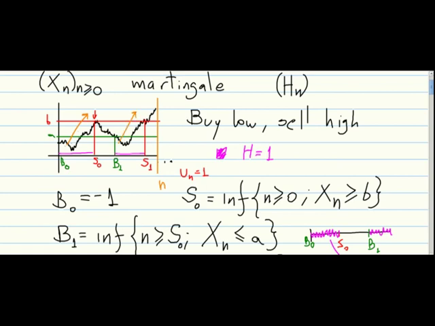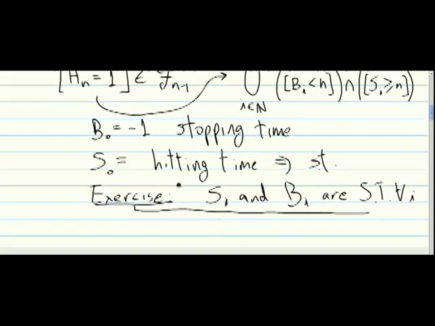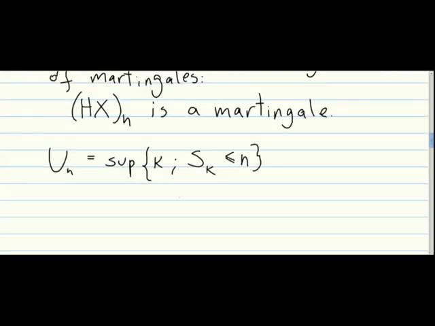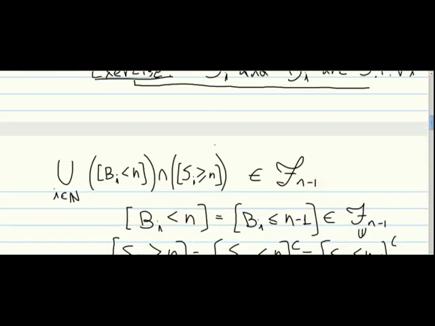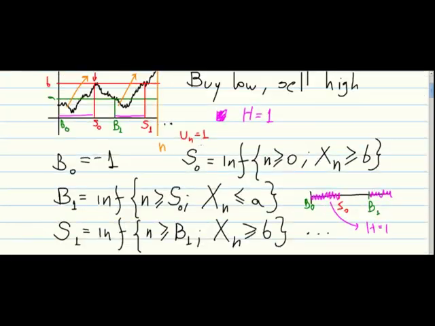Minus 1. So it's 0, 1. Okay. Actually, maybe we should probably sum 1 here to get really the number of times we go up. So in that case, it was going to be U equals 2.